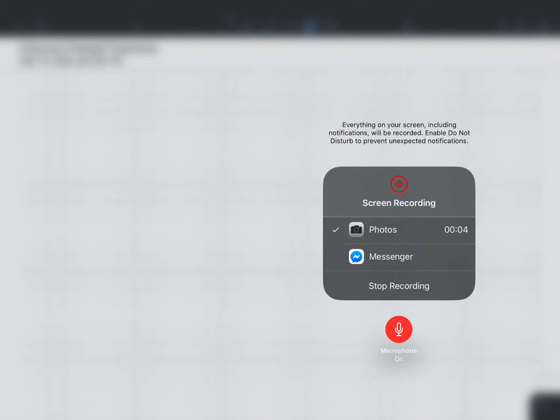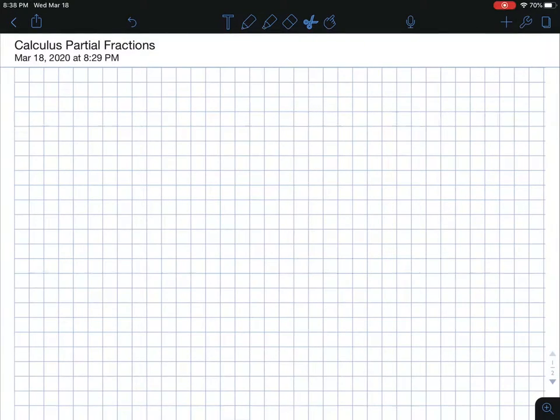Hi, people. So, today we're going to do one of the first parts of the lessons in partial fractions. Basically, what a partial fraction is, we're going to take a rational expression, which is pretty much a fraction, and we're going to break it up into a sum of two or more simpler rational expressions.